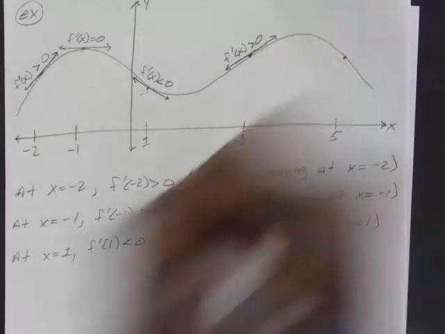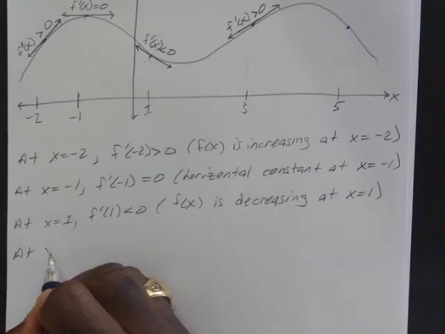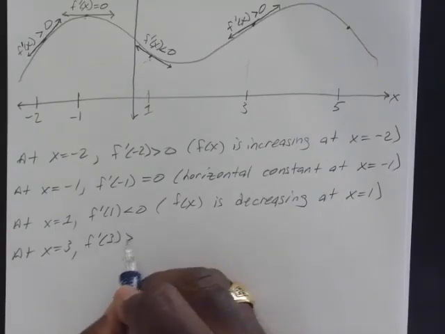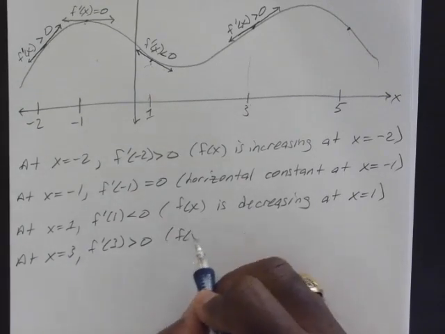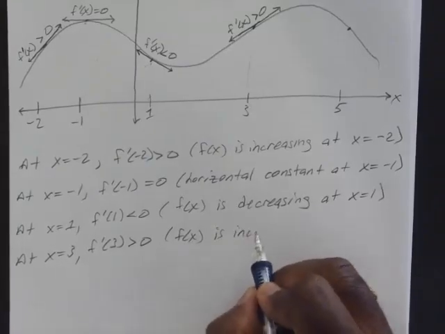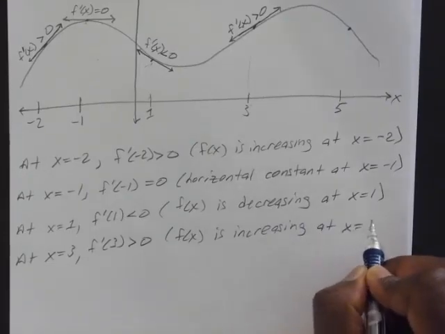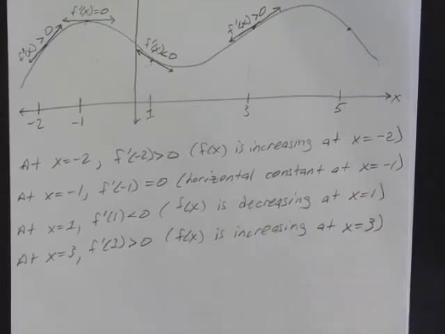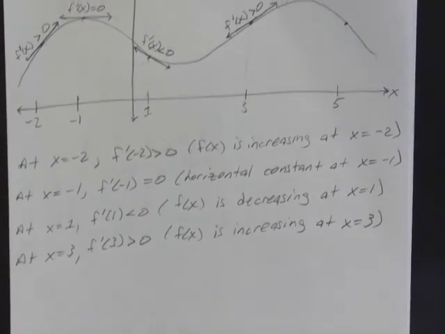So f prime of x is greater than 0. So at x equals 3, f prime of 3 is greater than 0. So we know that f of x is increasing at x equals 3.